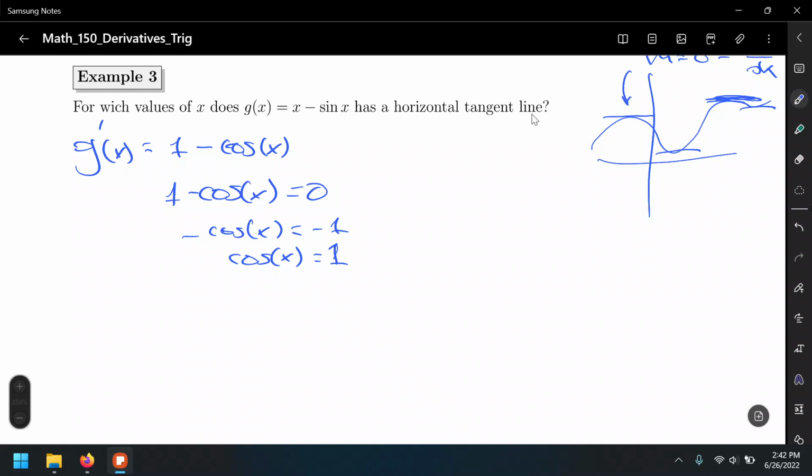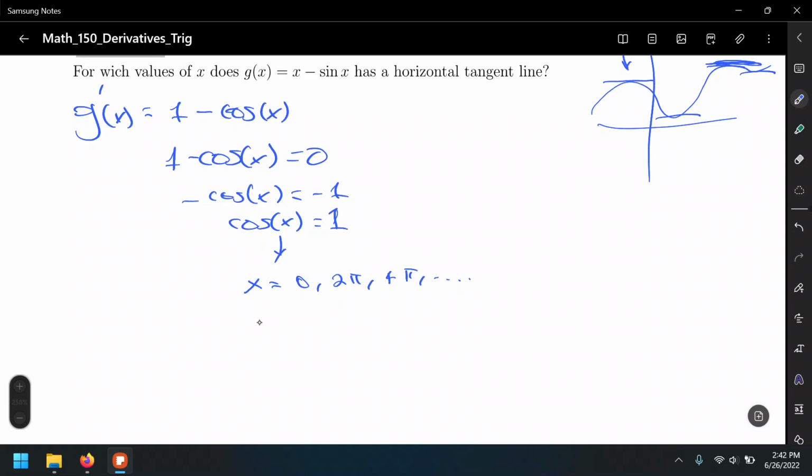So in this case, that's for x equals 0, 2 pi, and where else? 4 pi, etc. We can express this more generally as x equals 2k pi, where k is an integer.